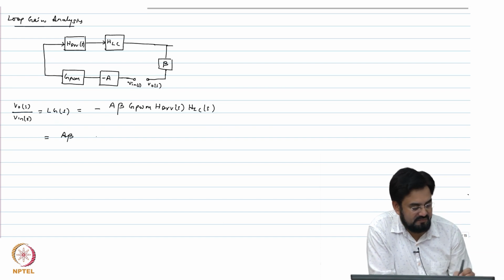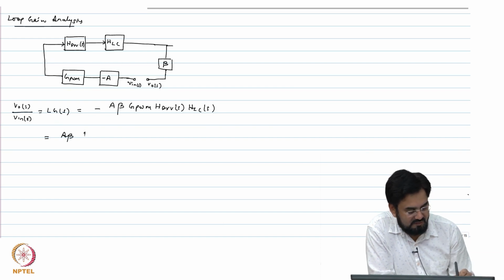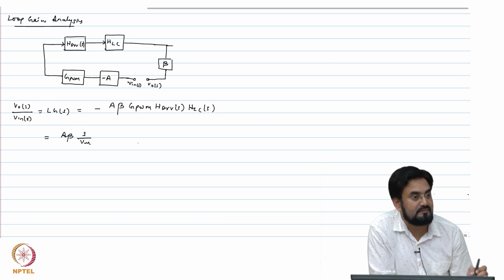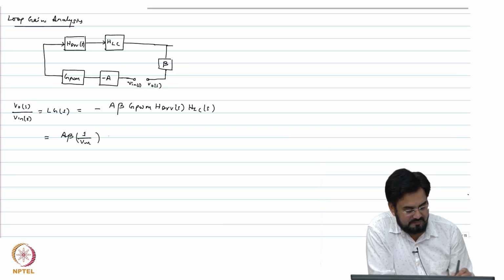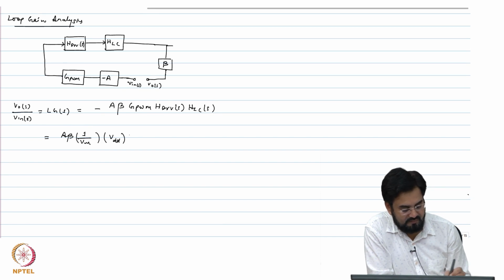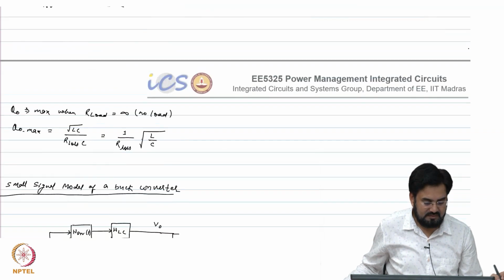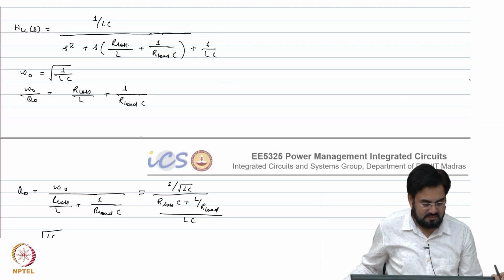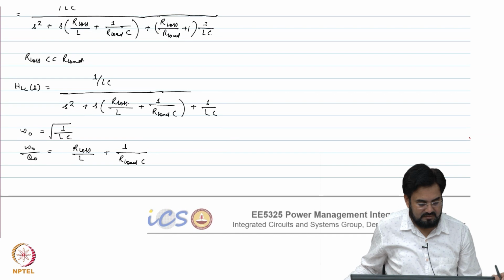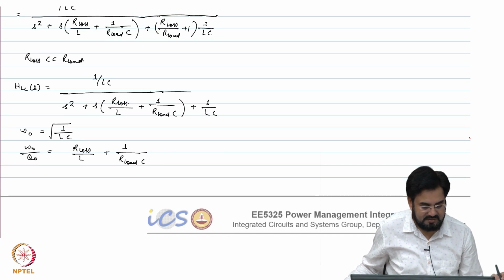What was G PWM? 1 over VM. This guy was VDD, and this was 1 over LC over this. Let us copy this and we'll paste it.